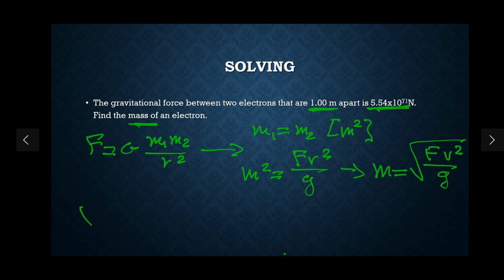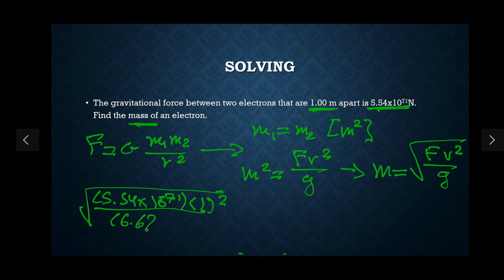Substituting those values, square root of 5.54 times 10 power of negative 71, we forgot the negative here, times 1 meter squared, over the gravitational constant 6.67 times 10 power of negative 11.